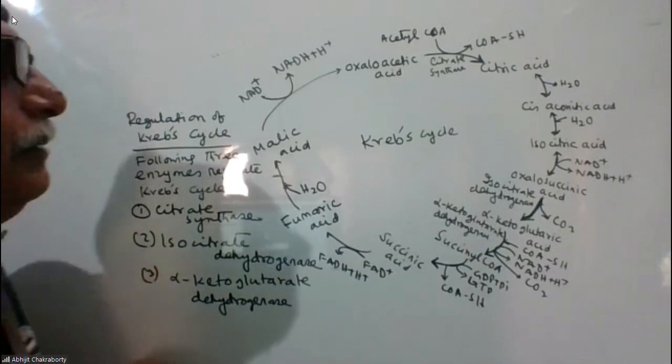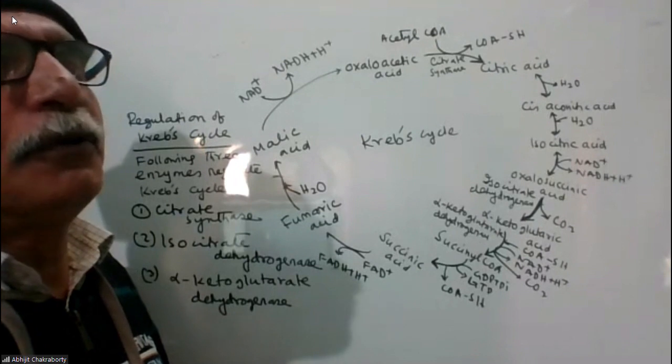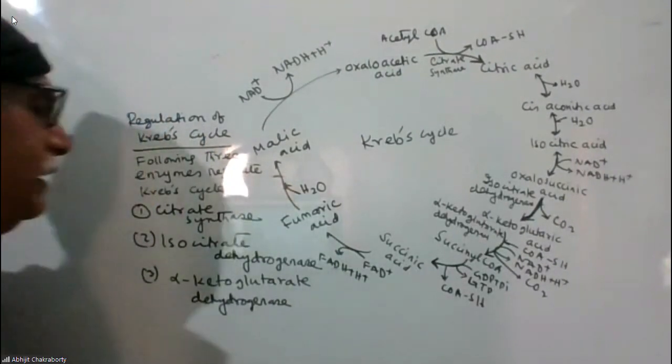Besides these three enzymes, availability of adenosine diphosphate also plays an important role in regulating the Krebs cycle.